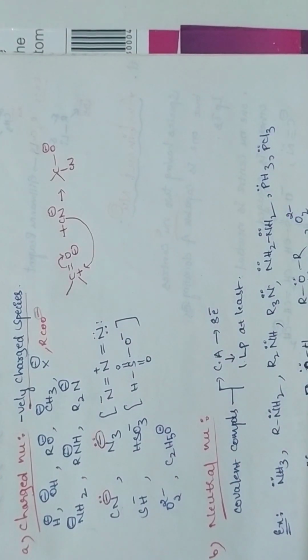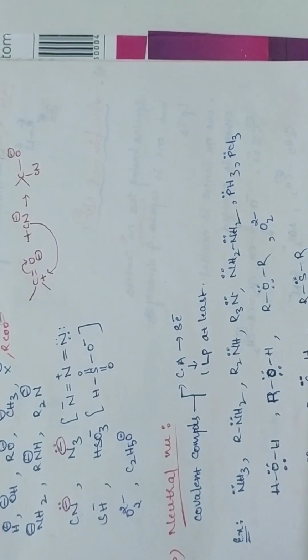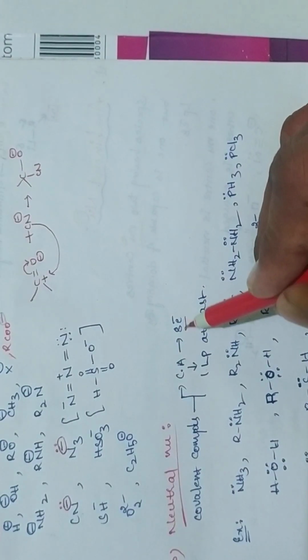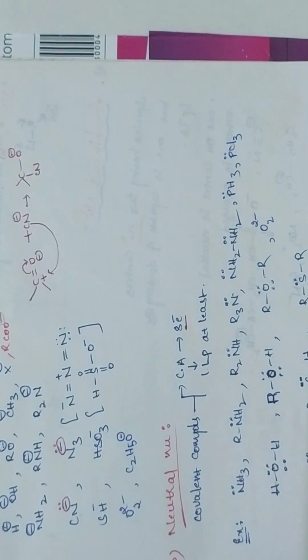Okay, these are all charged nucleophiles, the negatively charged nucleophiles. Next one is neutral nucleophiles. These are covalent compounds. In covalent compounds, if the central atom is having 8 electrons with at least one lone pair present, they are called what? Neutral nucleophiles. So now when we are taking ammonia, this is the structure of ammonia.